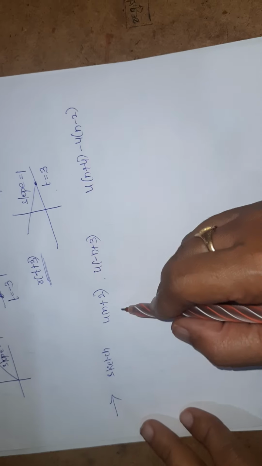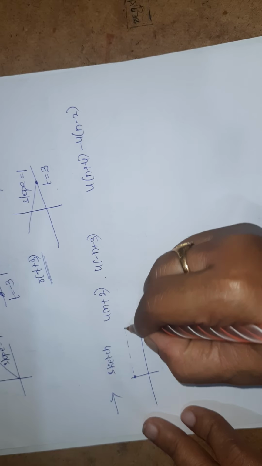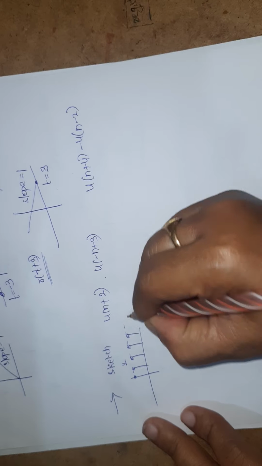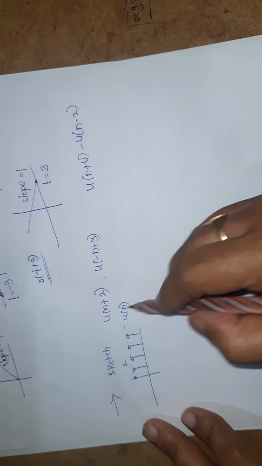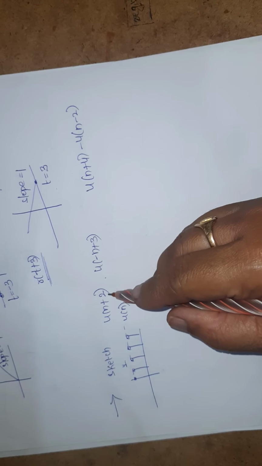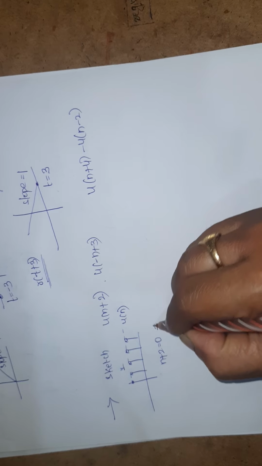So first u of n plus 2, first you have to draw u of n. U of n means like this. It is having slope 1, u of n, and what is u of n plus 2? Make n plus 2 equal to 0. Then what is n value?